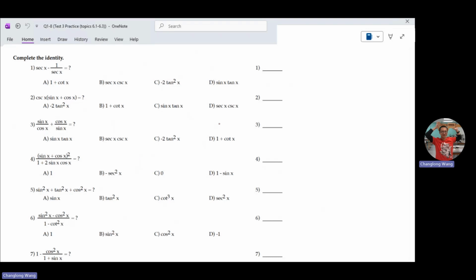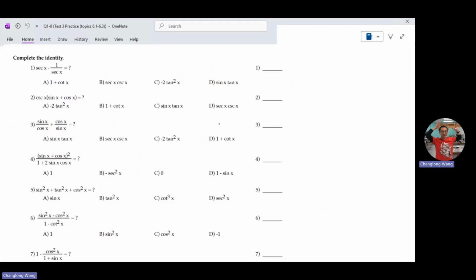Forget about the 5th one, multiplying the conjugate or whatever. Among those 4 tips, which will be the most important, or the one that you think definitely helps you the most? Writing things in sine and cosine. You guys all agree? Yeah, or just rephrasing. Yes.